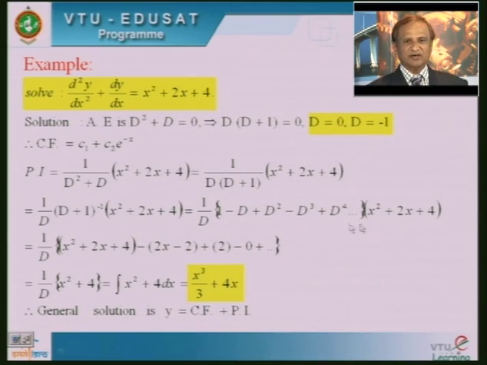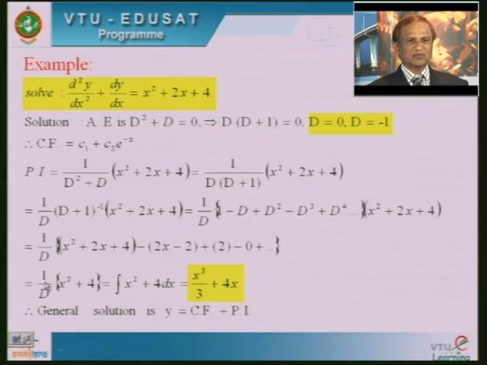D of all these terms means derivative of these terms. What is the derivative of x square? Derivative of x square is 2x, what I have written here, plus derivative of 2x is 2. Derivative of constant term is 0, that is why I have not written the 0. Exactly in a similar way, if you differentiate one more time, I hope you will get 2, minus 0. So, now you can simplify.